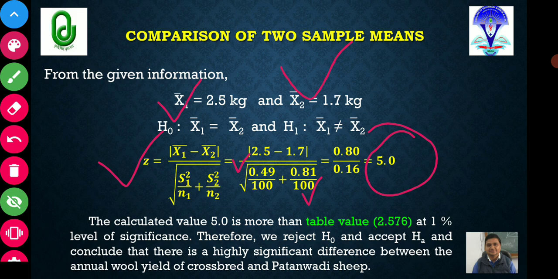If you remember the table value at the 1% level of significance, it is 2.576. That means the calculated value is greater than the critical value. So again here we will reject the null hypothesis and accept the alternate hypothesis. That means these two sample means are not one and the same, they are different.